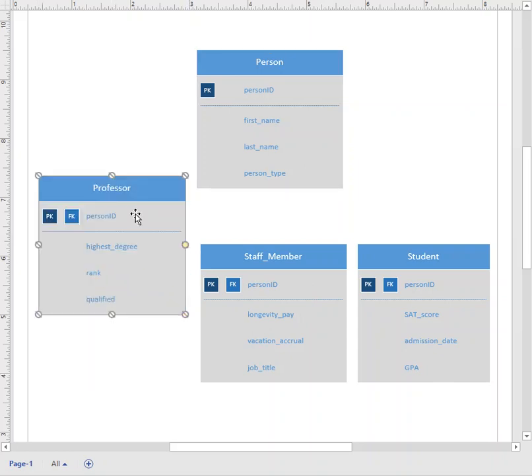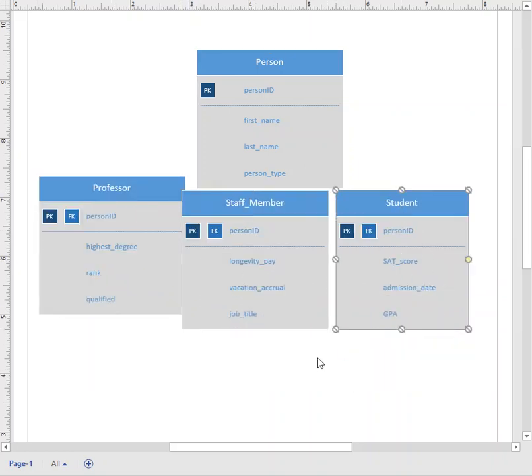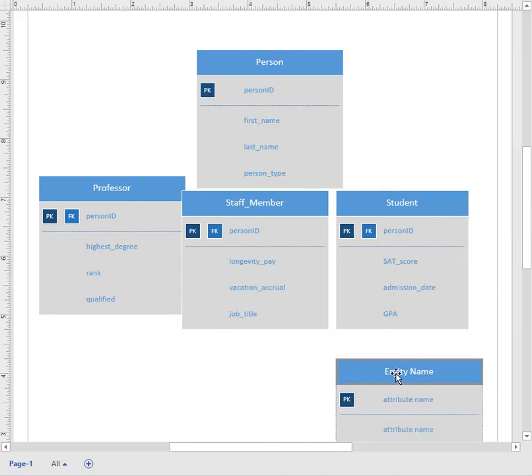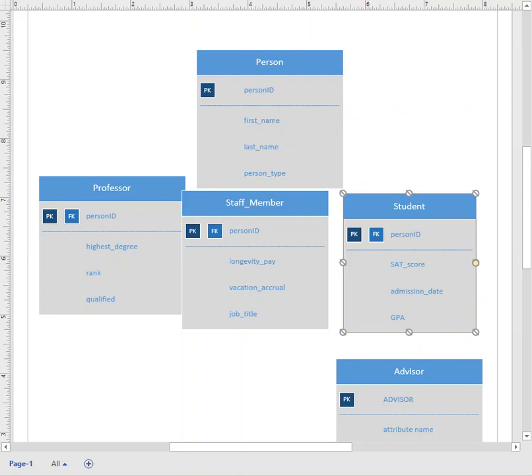And so let me move some things around here just to get a little bit more room in my filming screen. I can come in and I can add another entity here, which is advisor. And this would be my advisor that is going to link to a student, and I would fill all that information in. And now the relationship between this exists, if I can get the relationship tool to come up.